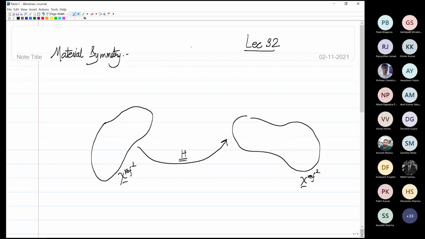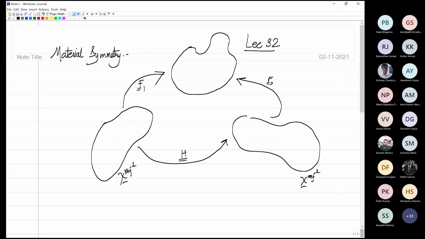Then we have our deformed body sitting here, and from each of the reference configurations you can find a map to get to the current deformed body. So from 1 it is through F1, and from 2 it is through F2.